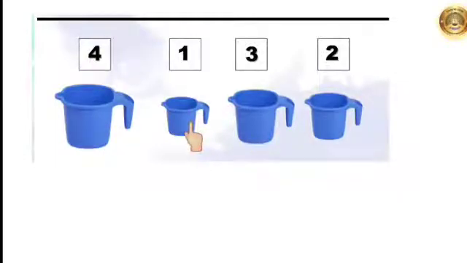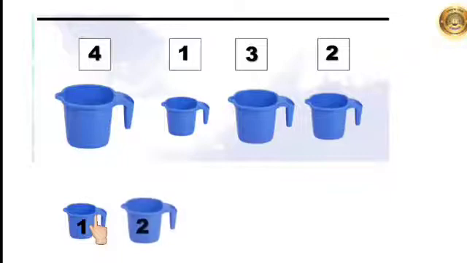So when we have to put the numbers in ascending order, what will we do? We have to take the smallest number first. So out of these 4 mugs, we will put this smallest mug first. Let us see. Like this. Here we have taken the smallest mug. Now the second one is the second number mug.